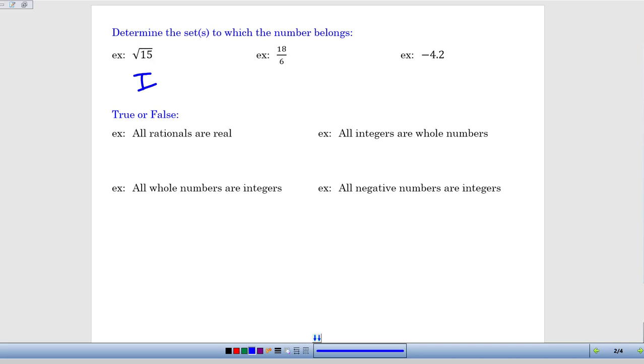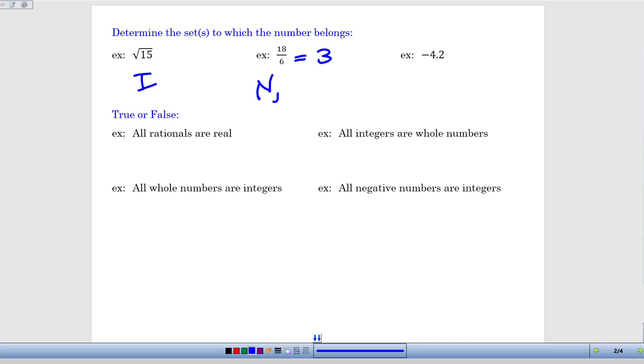For the second example, 18/6, before trying to determine what categories that number falls into, we should reduce that fraction, and so we get 3. Now, when we think of the number 3, if we go back through the list of number sets that we just defined, it's a natural number.